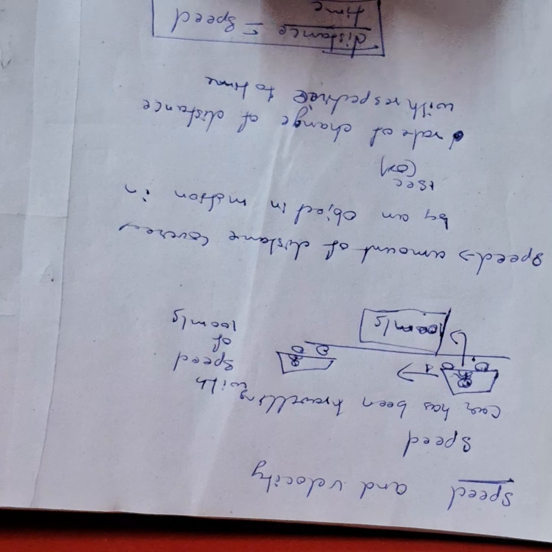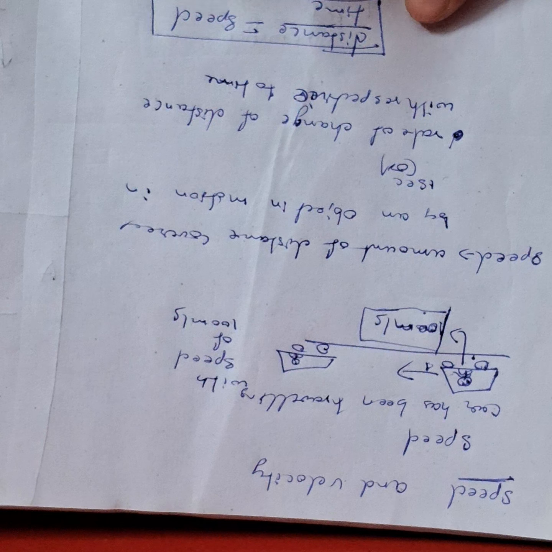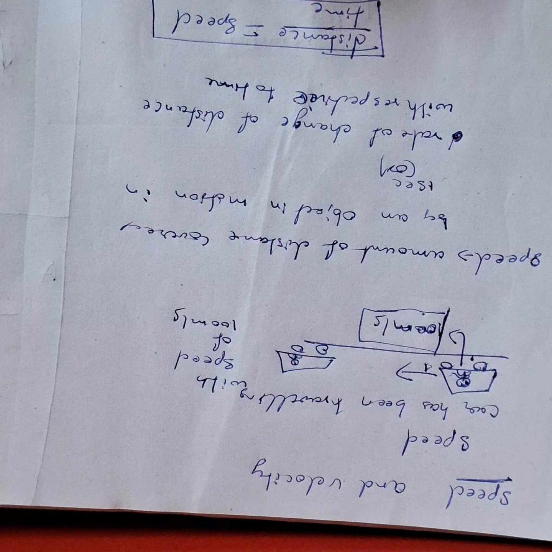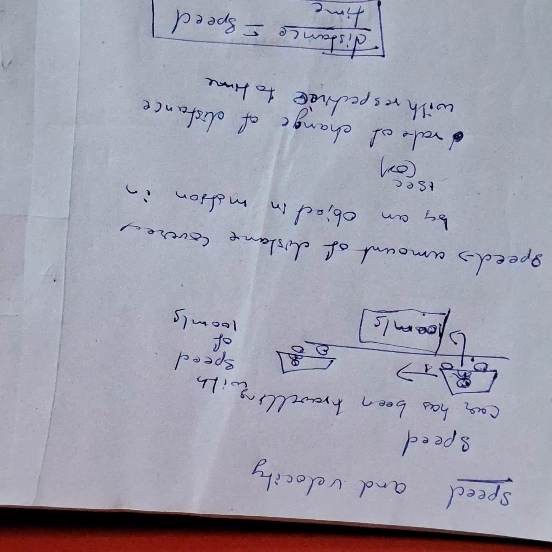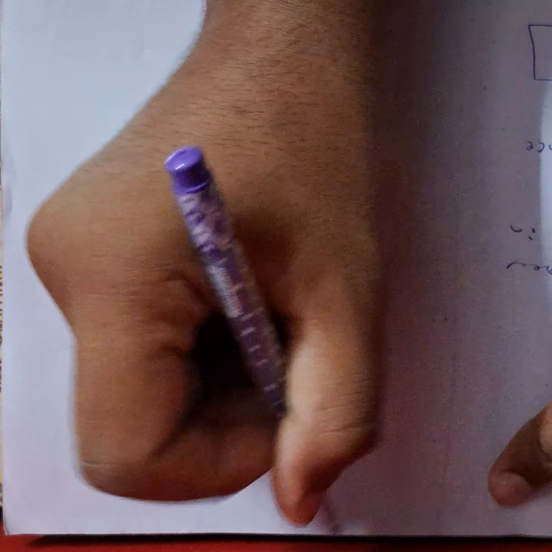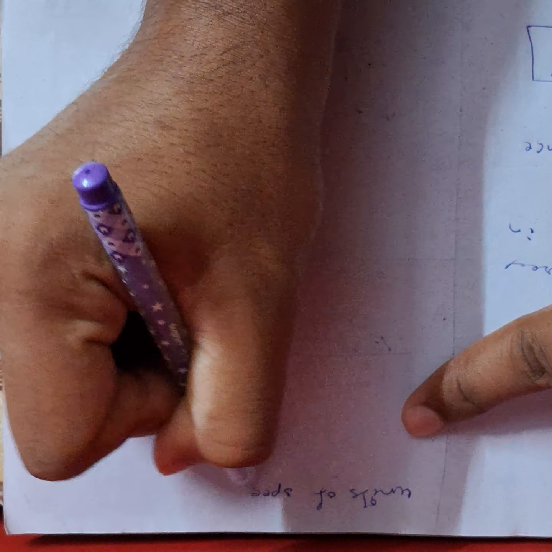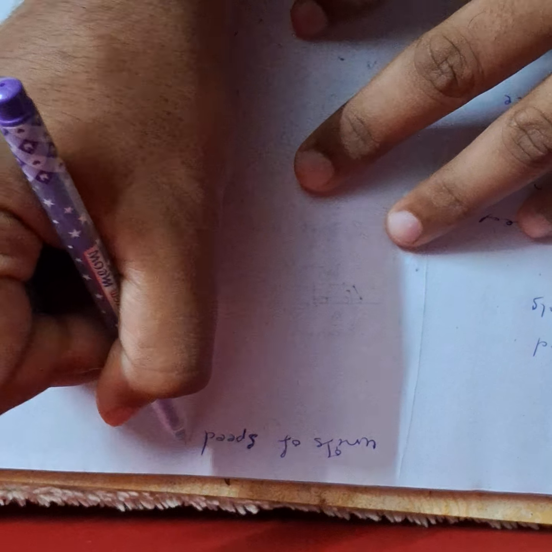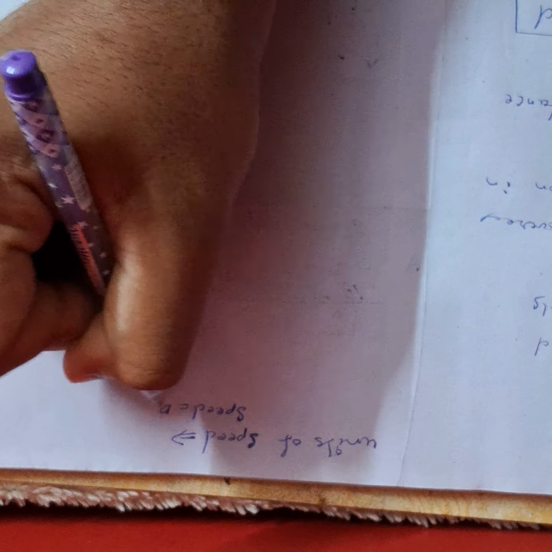So what are the units of speed? Recall the formula: speed equal to distance by time.